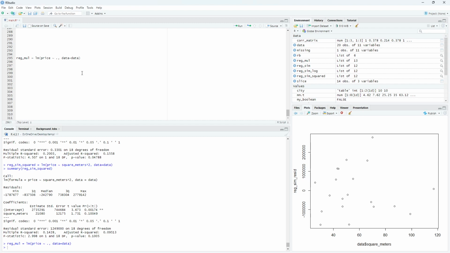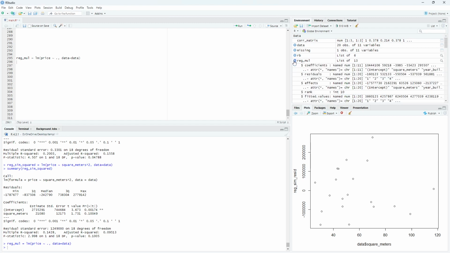We see that we have gotten a data structure with regression multiple, which contains the coefficients, the residuals, the effects, and so on.